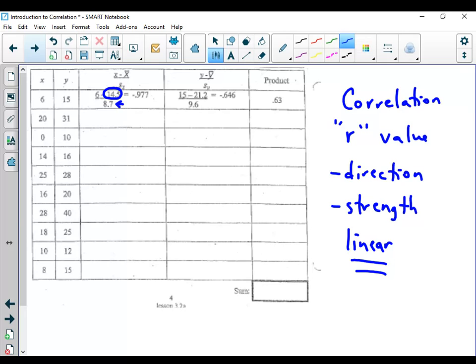So if I take 20 minus 14 and a half, and get that answer, and I divide by 8.7, I get 0.63. If I do 0 minus 14 and a half, divided by 8.7, I get negative 1.67. All right, so why don't you go ahead and find the rest of the z-scores for the x values.